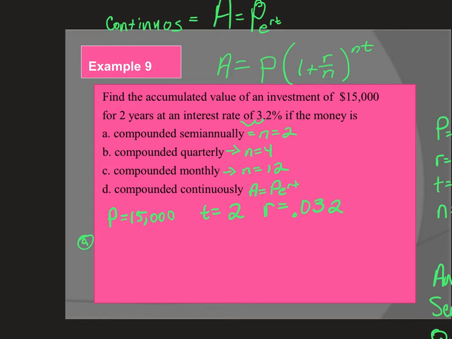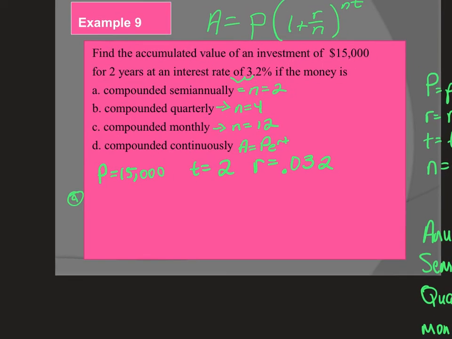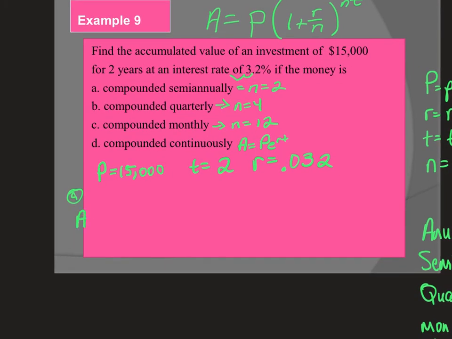Again, this is a lot of calculator work. If you don't put it in your calculator correctly, you're going to get either a syntax error or some crazy number. So let's try and work this out. Letter A. P is my principal, so 15,000 times parentheses 1 plus, what was my R? 0.032 divided by, what's my N? 2.